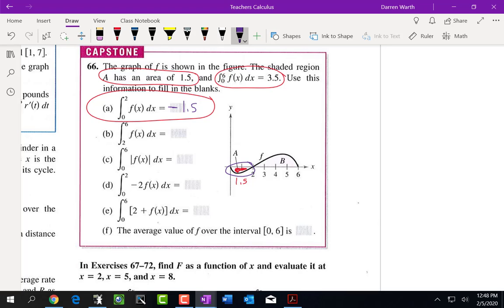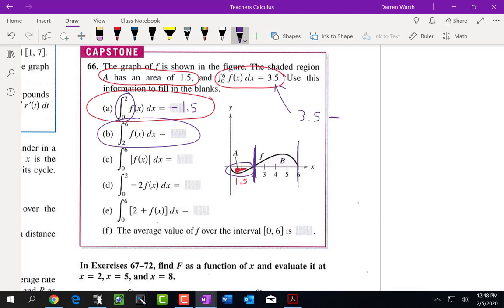Okay, now I want to find the integral from 2 to 6 of f of x dx. You're going to notice that from 0 to 6, that's equal to 3.5. So if I want to find the integral of just this piece right here, I have to take 3.5 and subtract from 0 to 2.